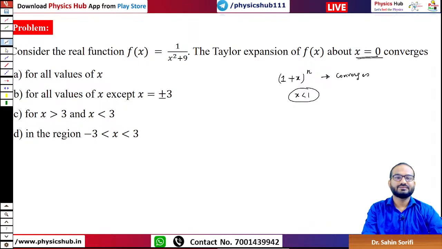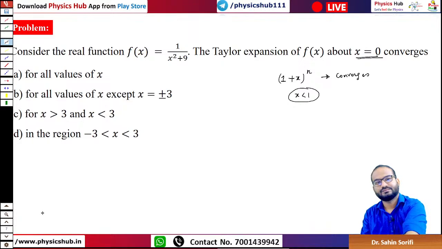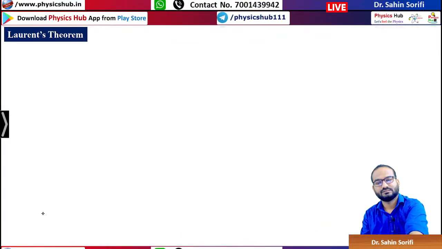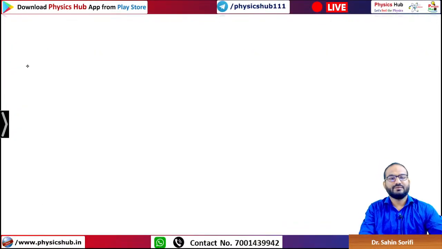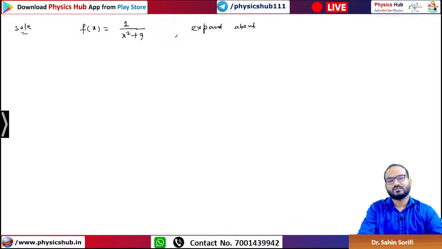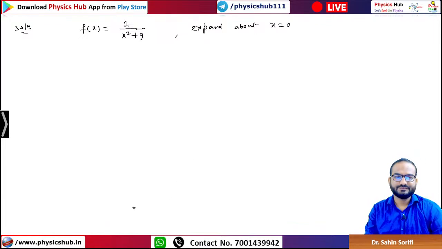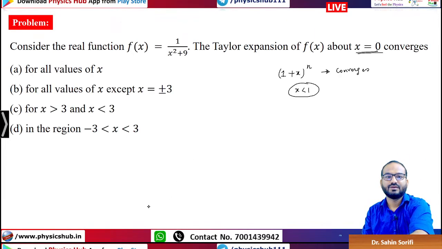Not able to solve? You see, f of x equals to 1 by x square plus 9, and you have to expand about x equals to 0. Option A you are getting. How option A? For all values of x.